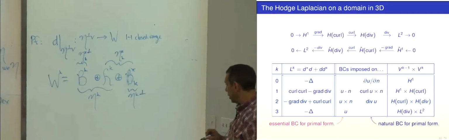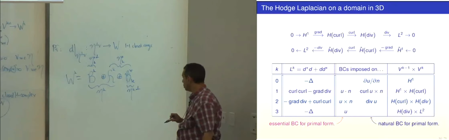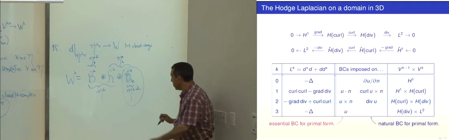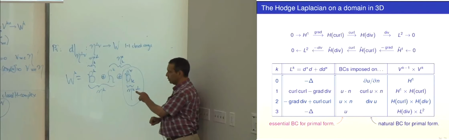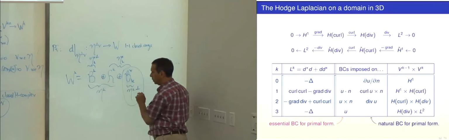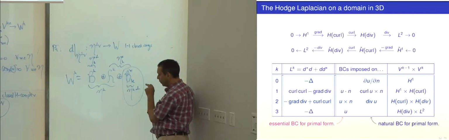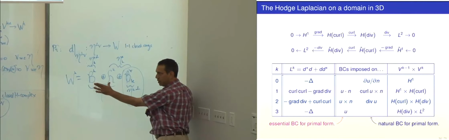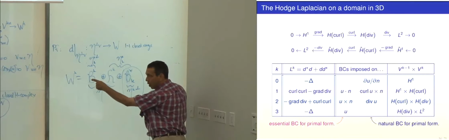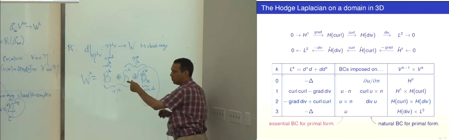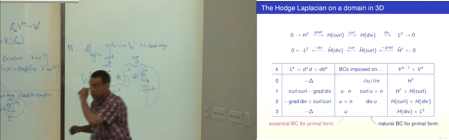Okay, and the Poincare inequality holds on the orthogonal complement of z. So it holds for everything orthogonal to this space z, which means it's orthogonal to gradients, the range of the previous d, and also orthogonal to harmonic functions.